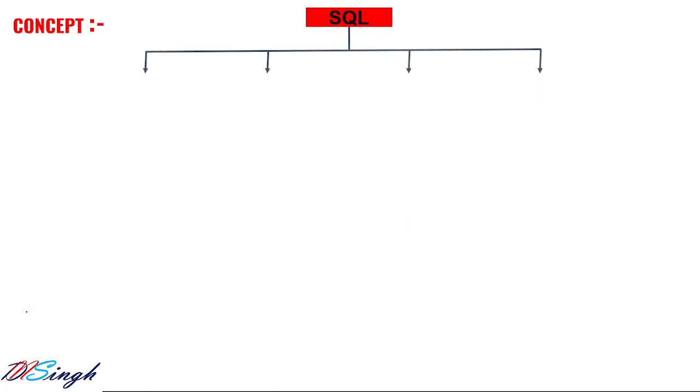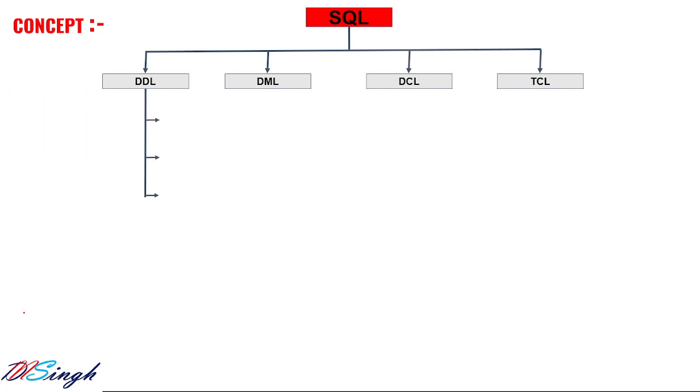So to deal with the database, we are going to use the SQL language. SQL language is divided into 4 parts. That commands are divided into DDL, data definition language, data manipulation language, data control language, and transaction control language. So these are the 4 categories of command that SQL will have. Inside data definition language, it deals with the structure of the table or schema, how the data will be stored.